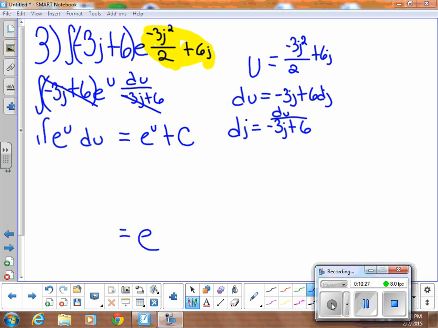Okay, so then we go ahead and we plug back in the u, and then plus c. And that would be our integration.